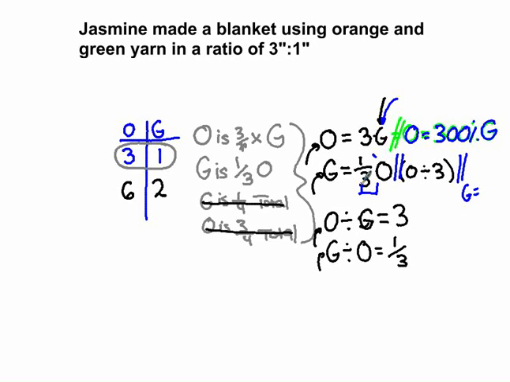To get from a fraction to a decimal, we want to get rid of that denominator and make it 1, because a number divided by 1, we don't need to represent that. So we're dividing by 3: 1 divided by 3. 3 goes into 10 3 times, and we'd have 1 remaining, and we'll just keep repeating. So it's 0.33. So G equals 0.33 of orange.